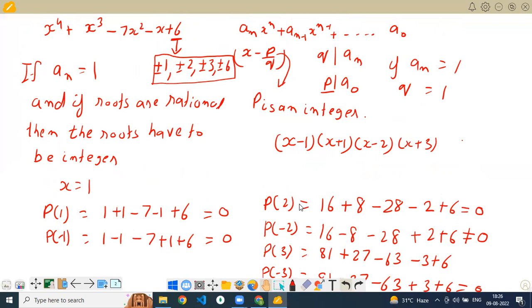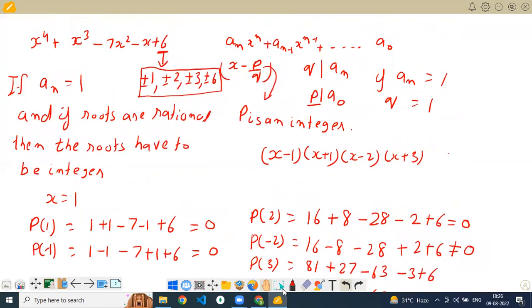So in the rational zero theorem, we have to substitute the factors of the constant and then find the root. That exercise you have to do. This is not saying anything with guarantee. It's only saying that if an is equal to 1 and if this equation has rational roots, then the roots will be the factors of the last constant term.